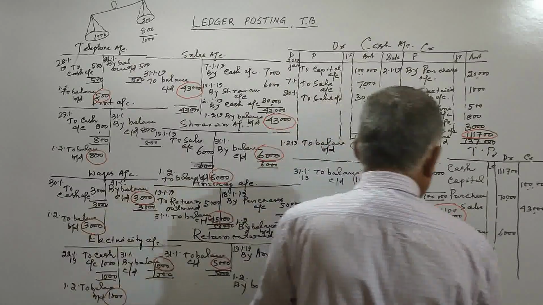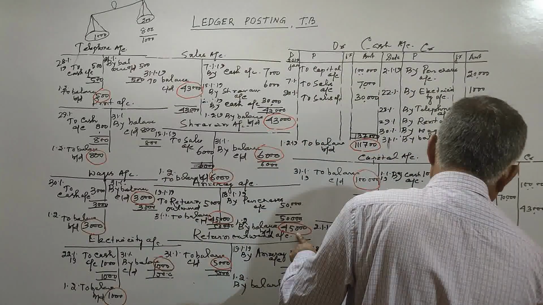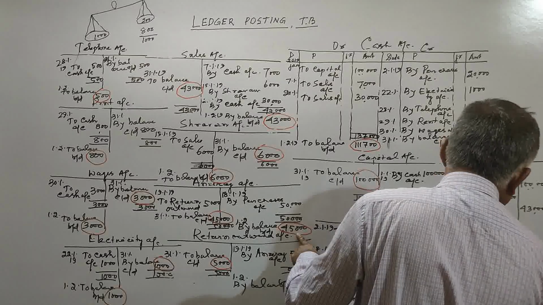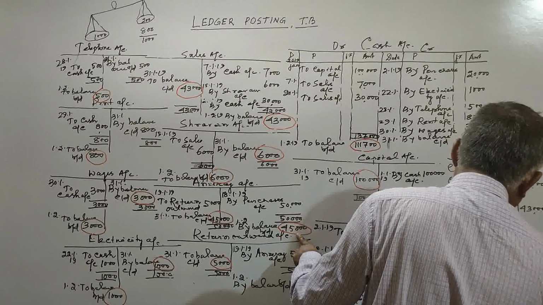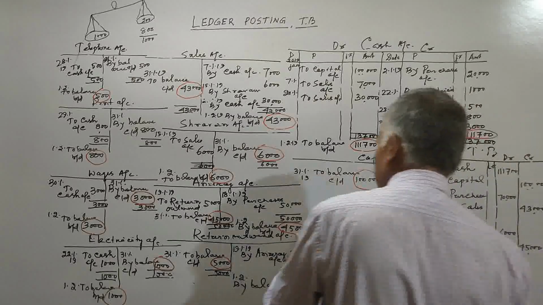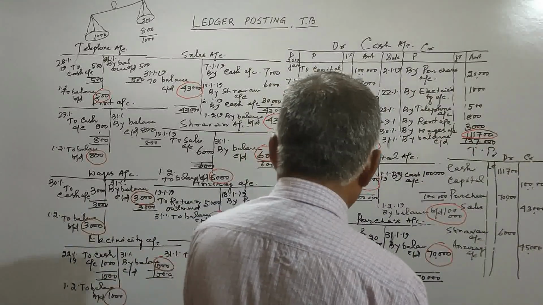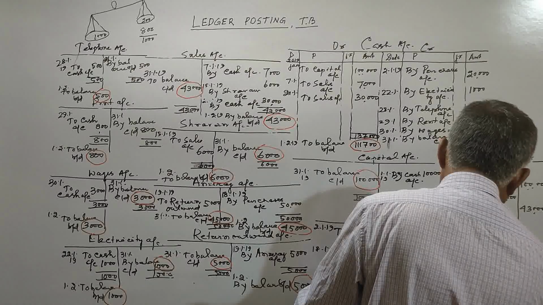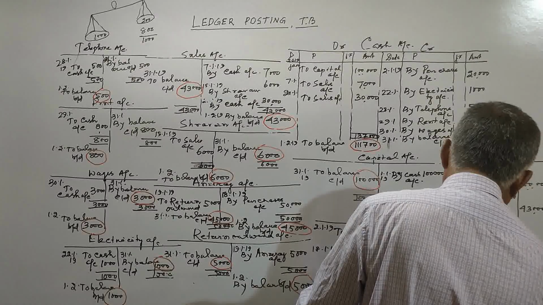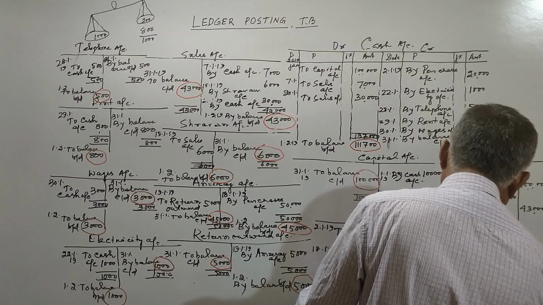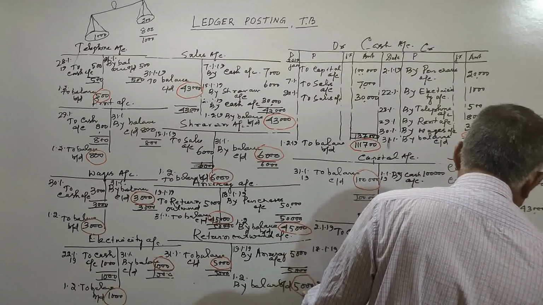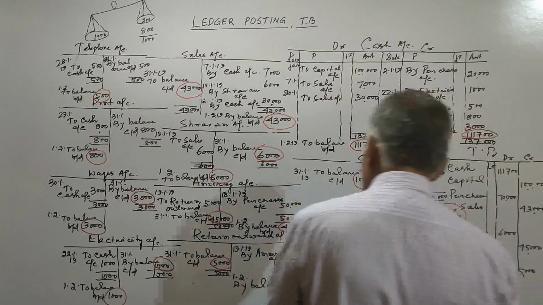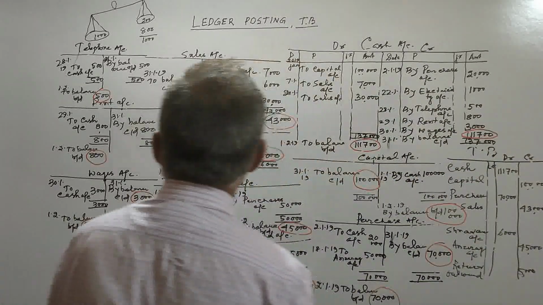Anurag, it is credit, Anurag account credit 45,000. Return outward 5,000. This is your return outward.